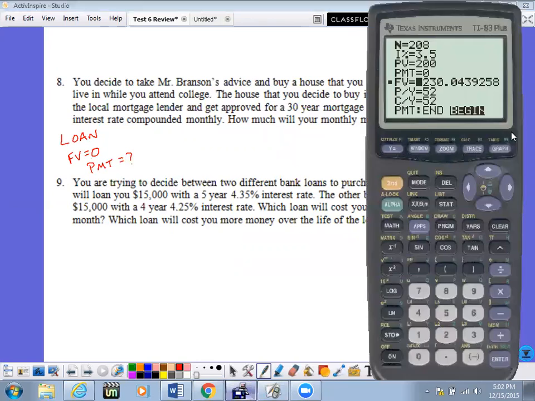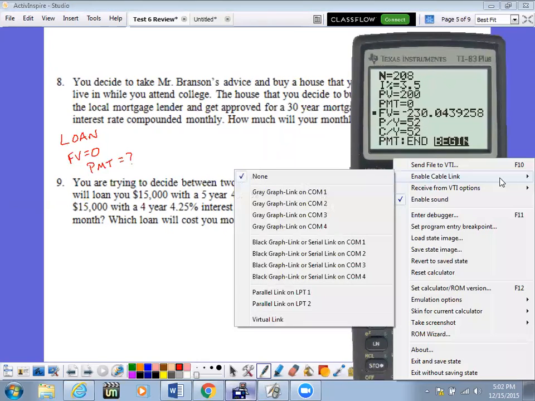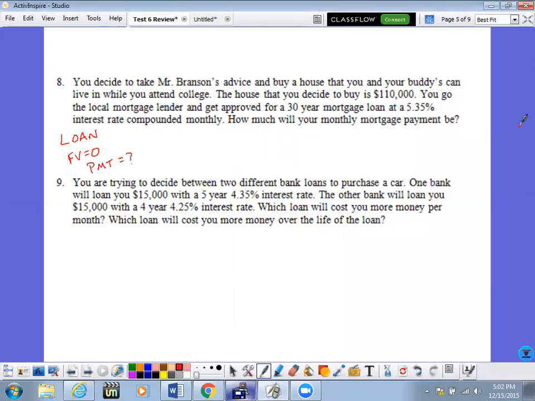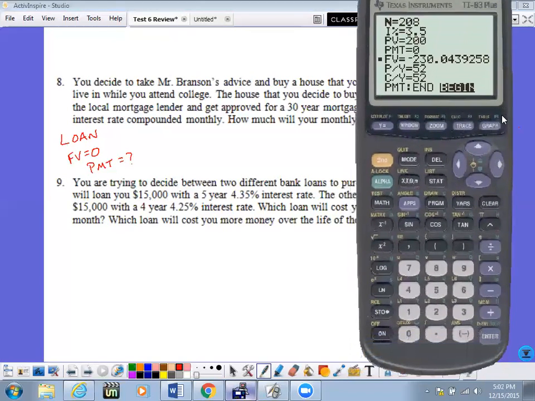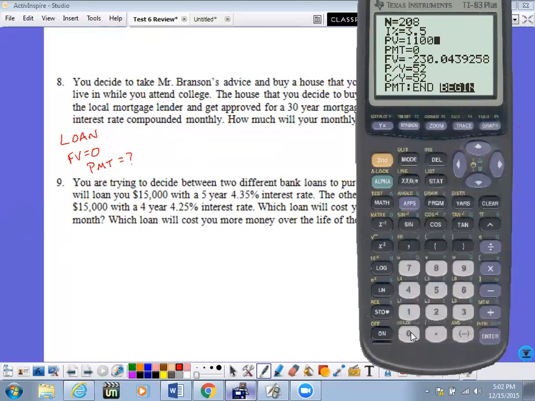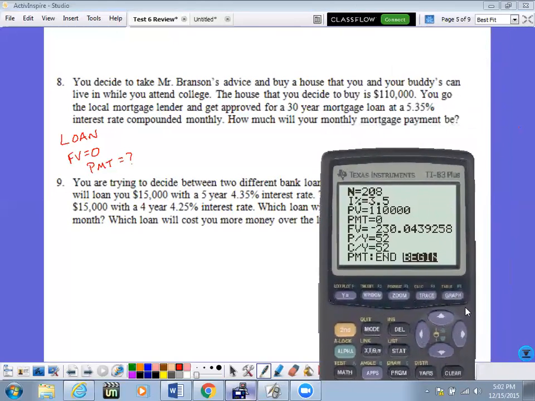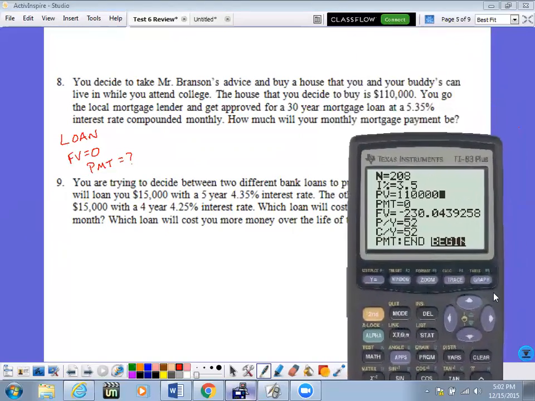Since it's a loan, we know that our future value is 0, and we're looking for mortgage payments. So PMT is what we're searching for. We go to our calculator. It says the house that we decide to buy is $110,000. That's my original. You get approved for a 30-year mortgage loan.